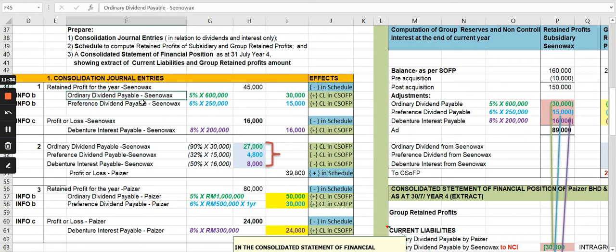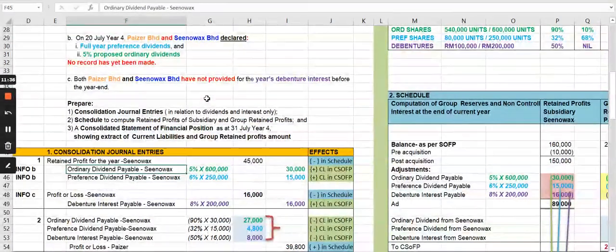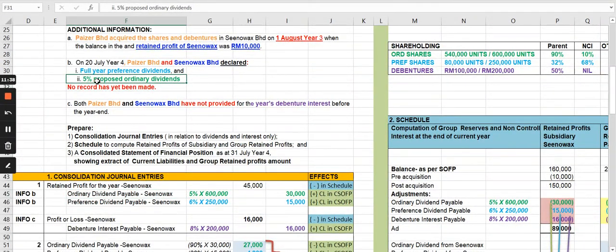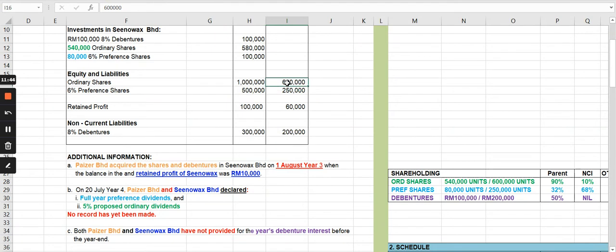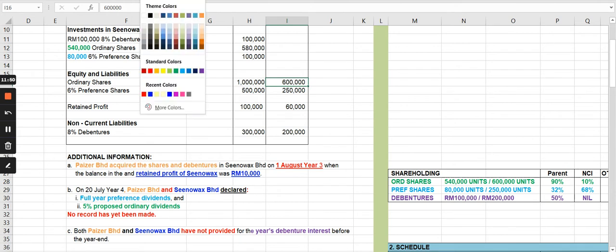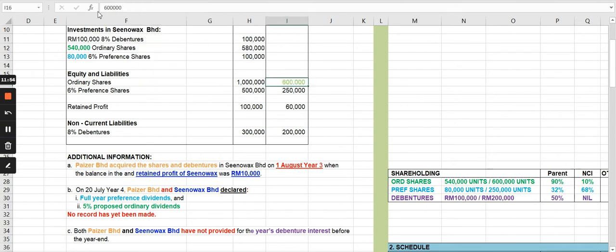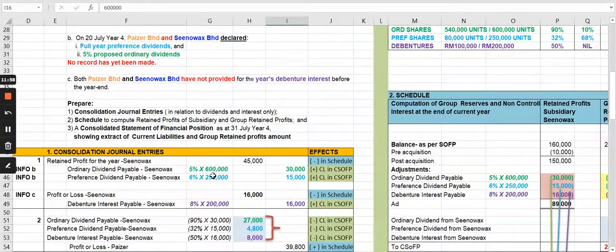So for ordinary dividend payable, if you can see here, it was 5%. The number of shares in the subsidiary is 600,000. The amount is also 600,000. So take that 600,000 issued and paid up capital, multiply by the dividend rate of 5%, and you have 30,000.